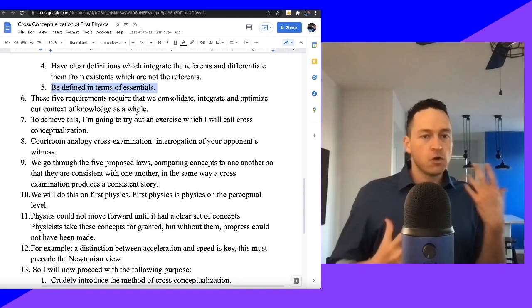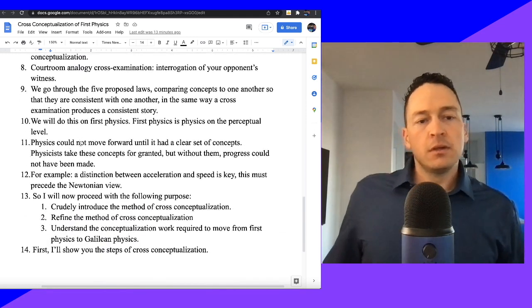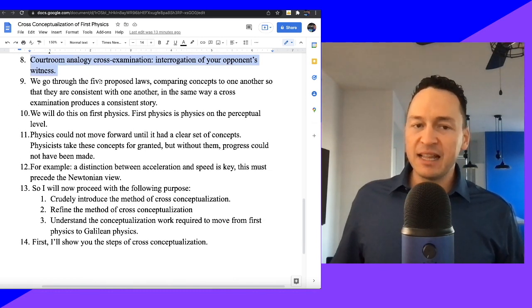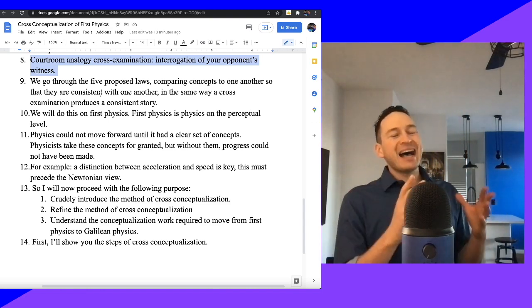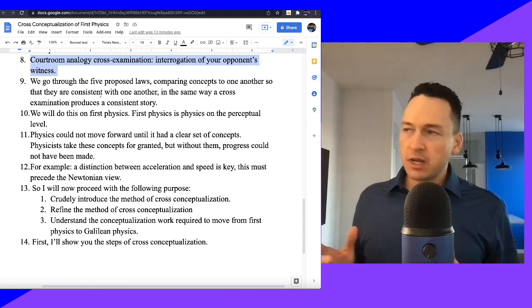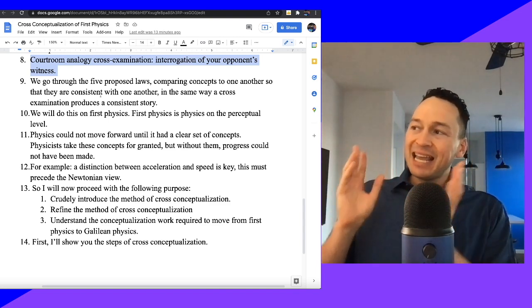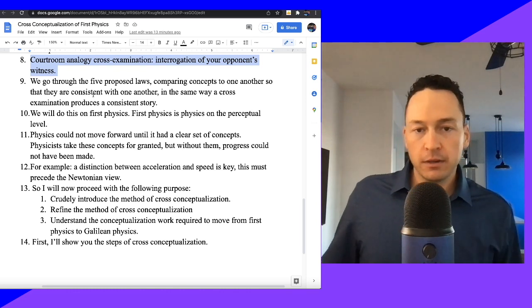So it's a way of thinking clearly. Okay. So this courtroom analogy is there to imply that every aspect of our conceptual framework has to be examined in the light of every other aspect of our conceptual framework. Okay?